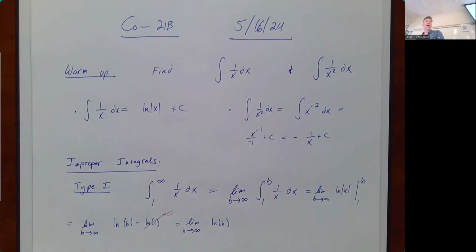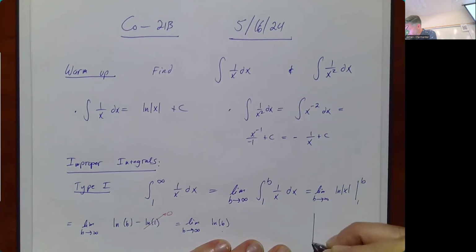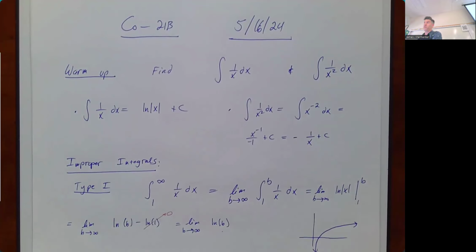I just want to say, as B gets larger and larger and larger, what happens to the natural log function? Well, it also gets larger and larger, right? Think about the graph. The natural log function does this sort of deal. And even though it does it really slowly, it does get infinitely large as you move further to the right. So this limit is infinite.